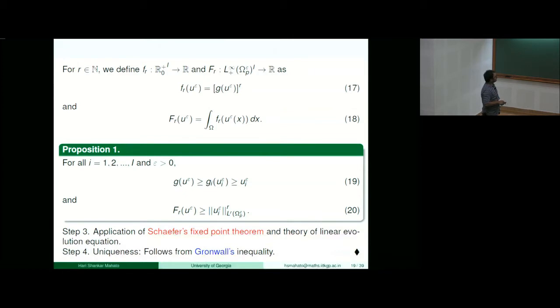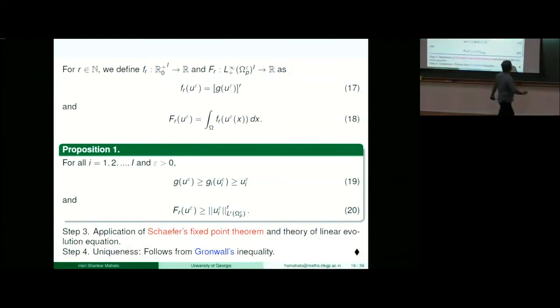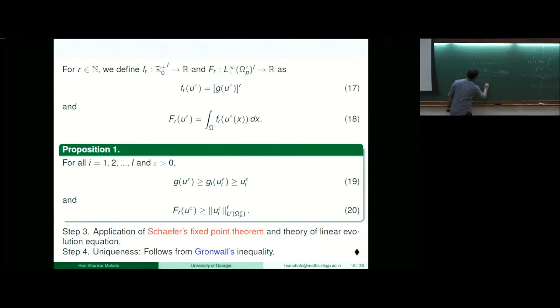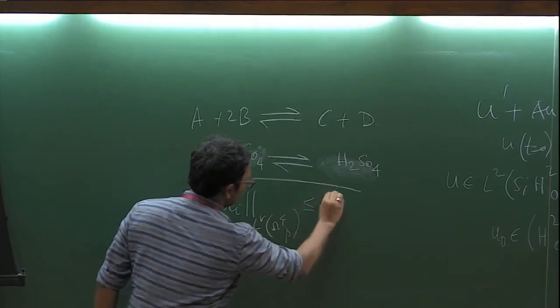So basically what we are saying is, initially we started with very highly nonlinear reaction rate terms, which have the product of concentrations of species with different powers and all. Now if we can obtain an upper bound for this capital F_r, so we have something like the norm of u_i in L^r(omega epsilon) to the power r is less than or equal to capital F_r.